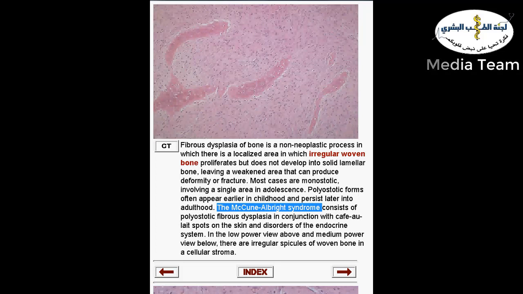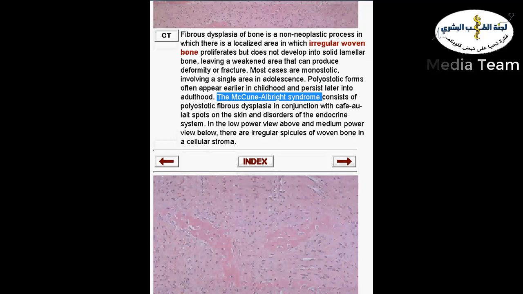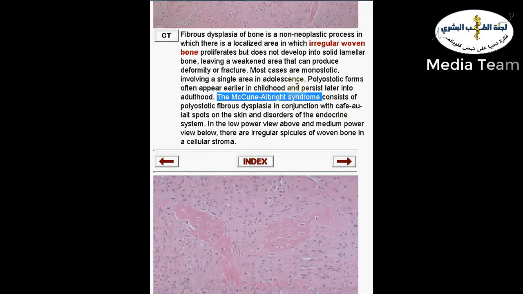Usually the age group is adolescents, and in syndromic patients they come in young children. So bone lesions are very common, either benign or malignant, in the young age group. Okay. Any question? Thank you.